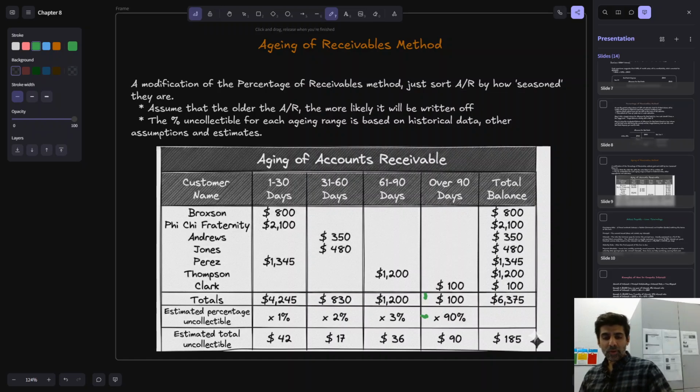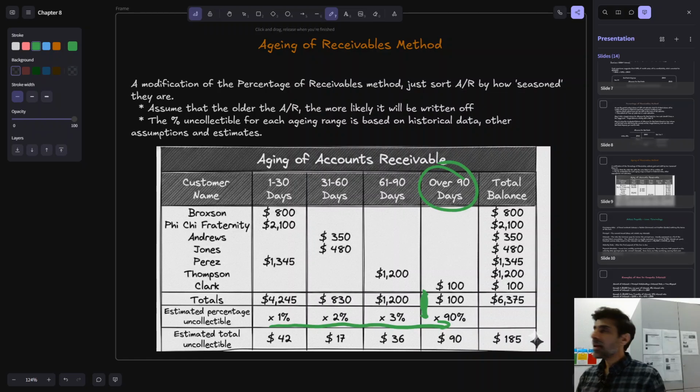Because if it's gone this far in age, then it's just uncollectible. There's only a 10% chance they're actually going to pay us at this point. So you can see that the weighting is going to be kind of backloaded. As these get older, you're going to have a higher percentage of uncollectability.